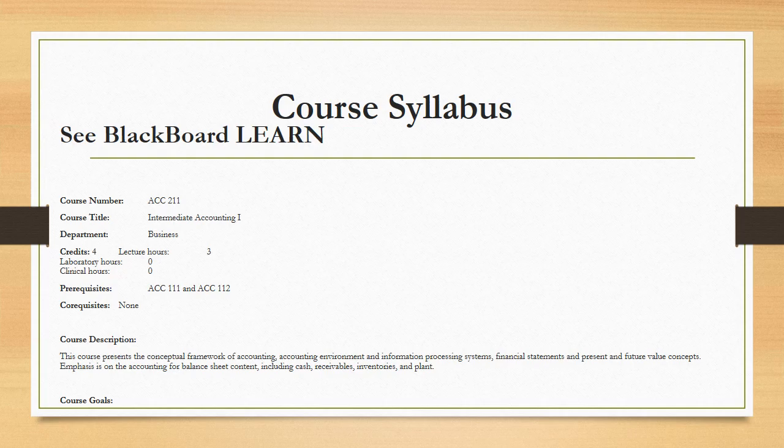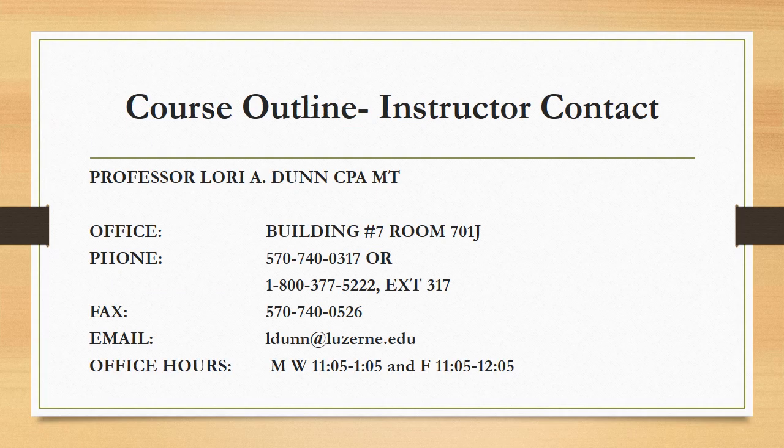So please read through the course syllabus so you can be familiar with the specific goals of the course. Now, the next item in your course orientation is the course outline, and this you must read. This has all the important information about what is required of you, how you will be graded, and other important information.